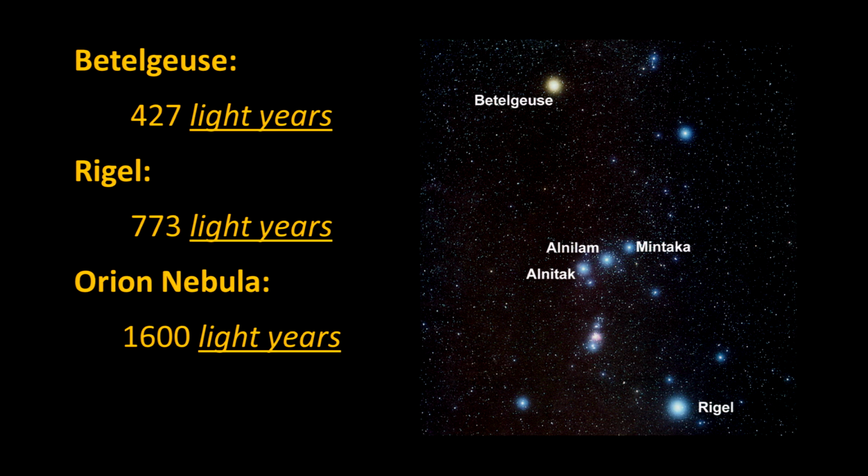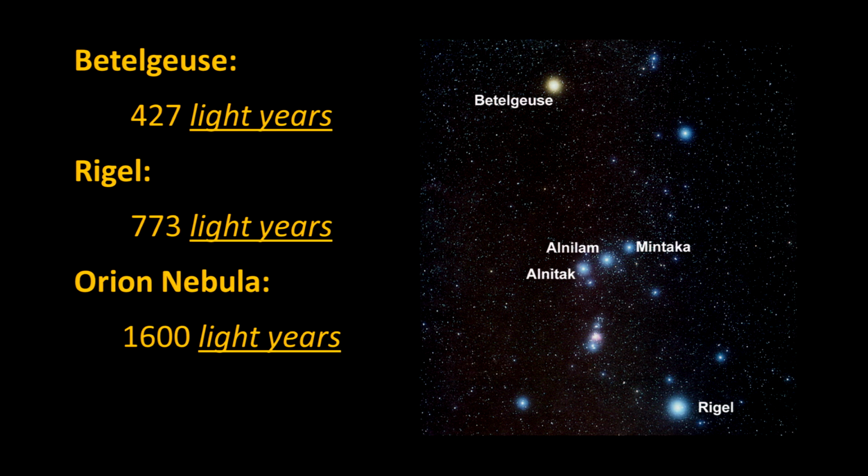When we look at the stars of the constellation of Orion, for example the star Betelgeuse, we are seeing it the way that it looked 427 years ago. Since light takes 427 years to travel that distance, we can say the distance to Betelgeuse is 427 light years.